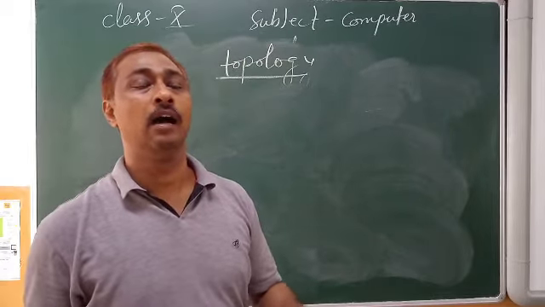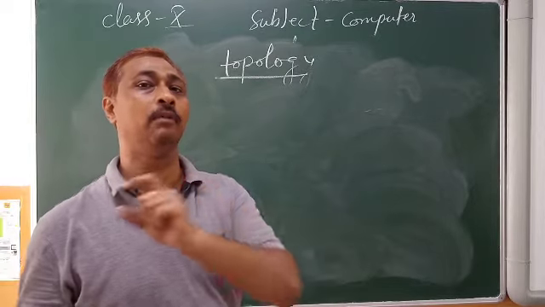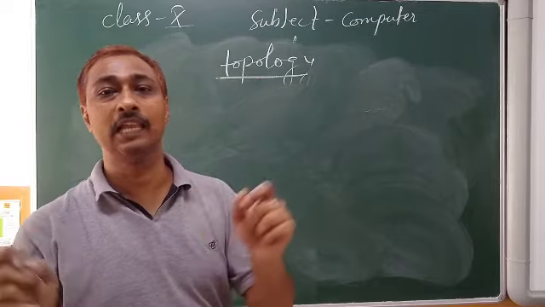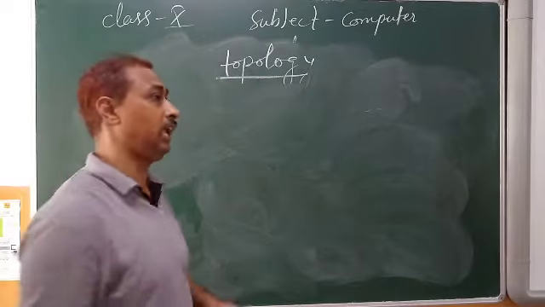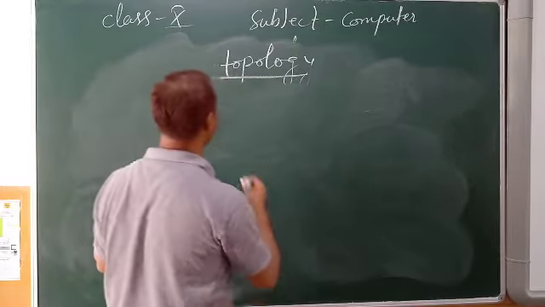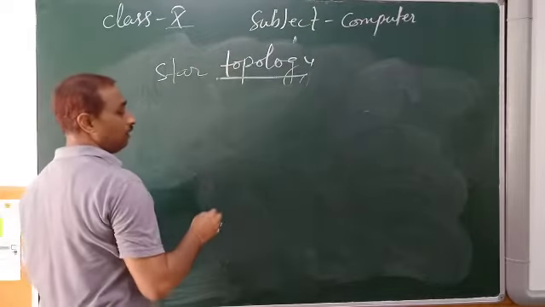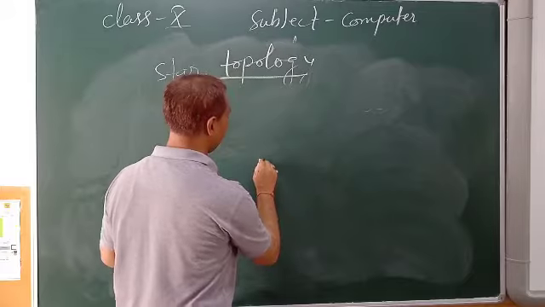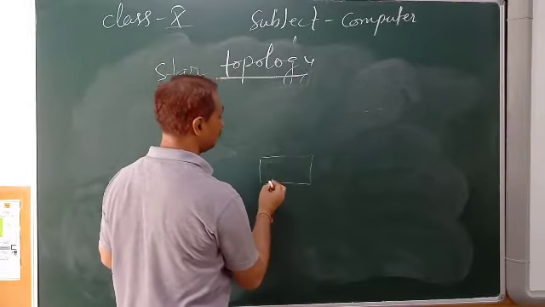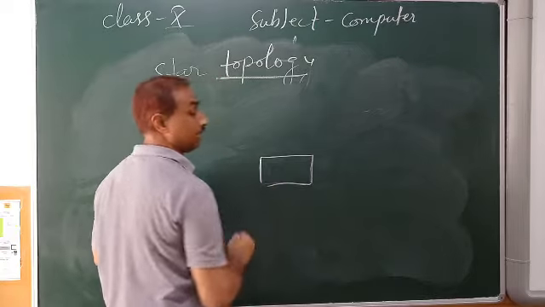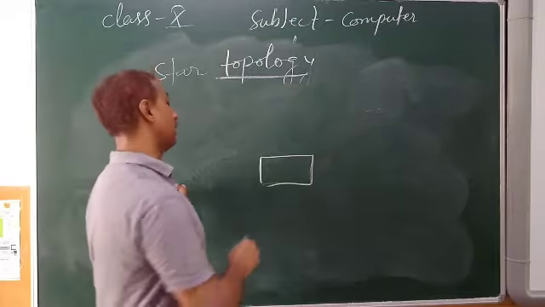All the computers will not be attached with a single cable. They will have different cables. That's why it looks like a star. Let us see what star topology is. Star topology has a central device that is going to connect all the computers.